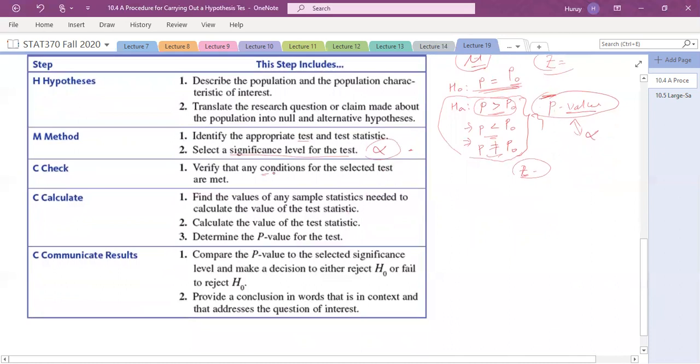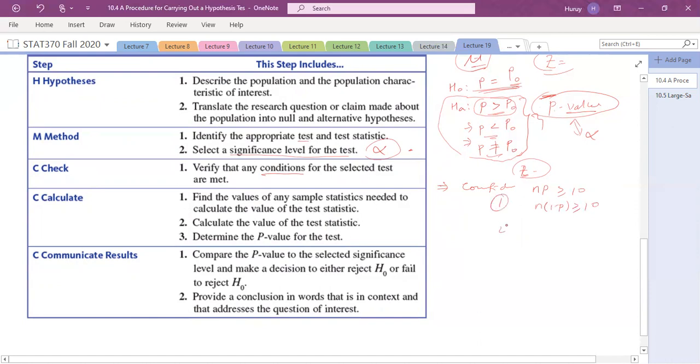Then check for the conditions. Well, what are the conditions? We haven't seen them yet, but if you remember, we have seen conditions for constructing a confidence interval. When we learned how to construct a confidence interval, there were two conditions. One is that the sample size has to be large, which means np, we want this to be greater than 10.